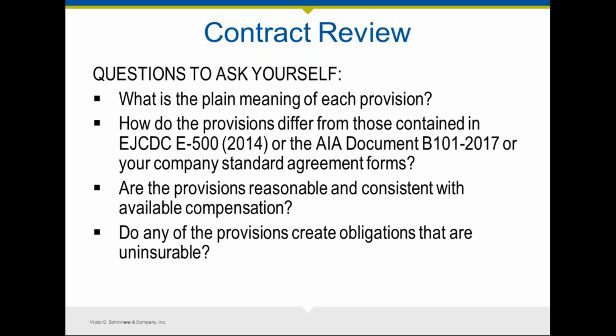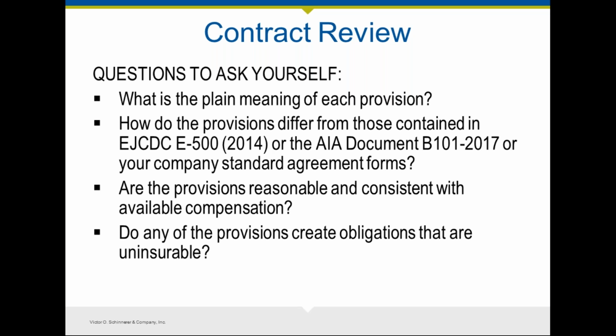And for us here, as we try to educate insureds on what these clauses mean, we often look to the E500, which is the Engineers Joint Contract Document Committee form agreement between the owner-engineer, or the AIA D101 from the AIA Documents Committee. These forms have been developed over the years to clearly identify what each party is supposed to do.